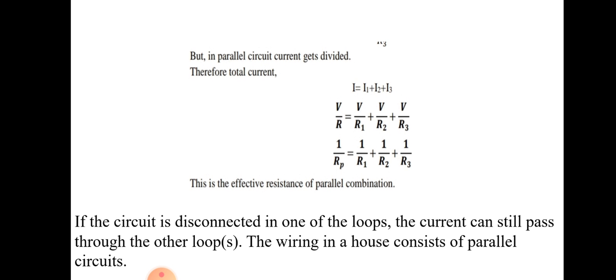The current will pass through the other loops, and such a combination is used in wiring in the house. Okay, so wiring in the house consists of the parallel circuit. ये आपको ध्यान में रखना है. So this is about the resistors connected in parallel.